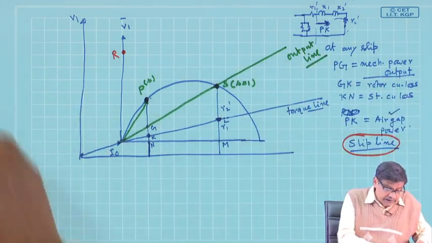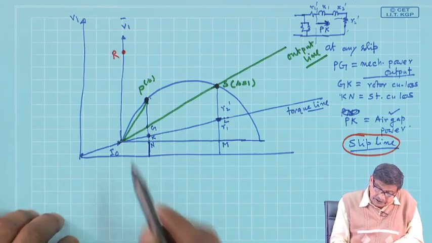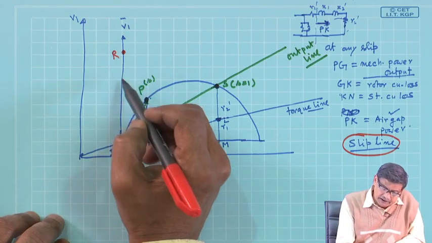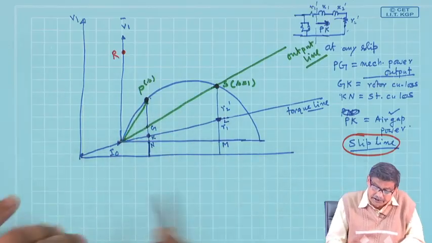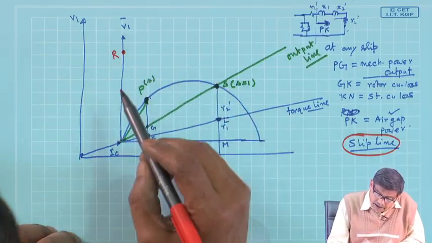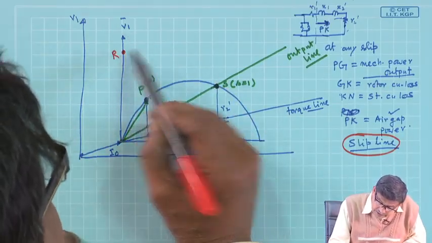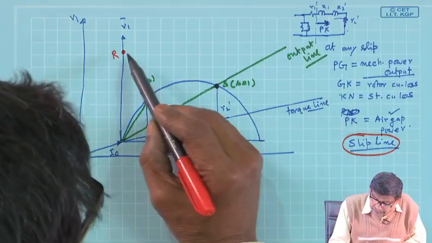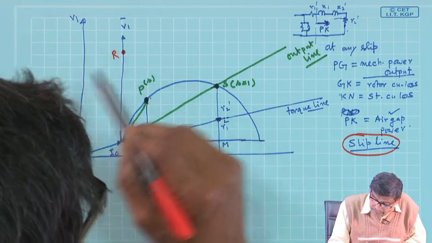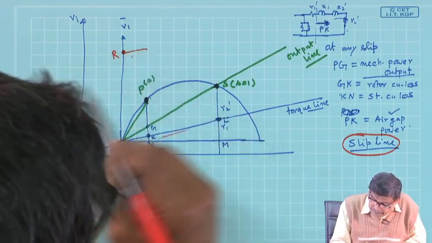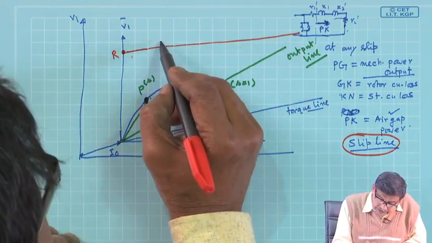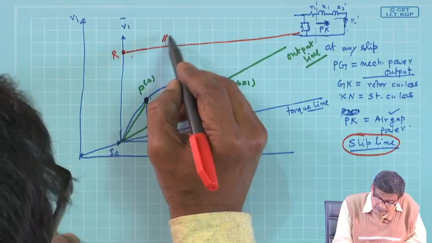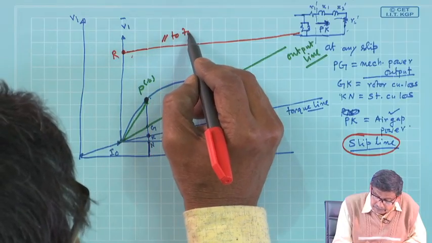Is that clear? Now, what you do, you take any point R on this V 1 axis. You could select it here, but it will become very clumsy. So, take it above and draw a line parallel to this torque line. So, this line is parallel to the torque line.